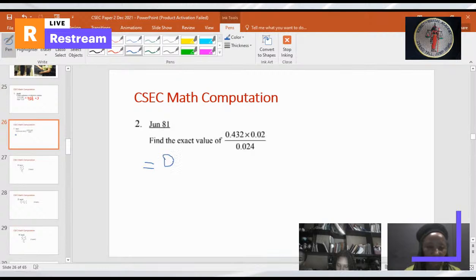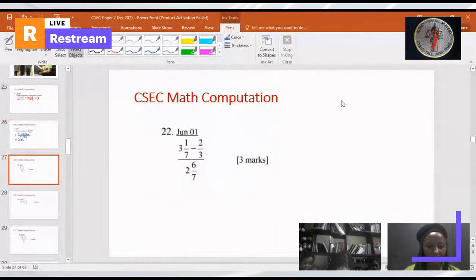So that will be what? 0.00864. 0.00864 over 0.024, right? Yes. So when we divide this now, what do we get? Miss, you would get 0.36. 0.36.